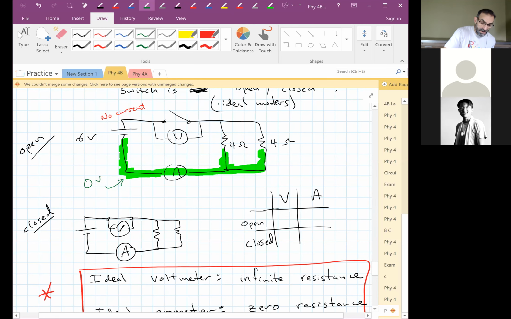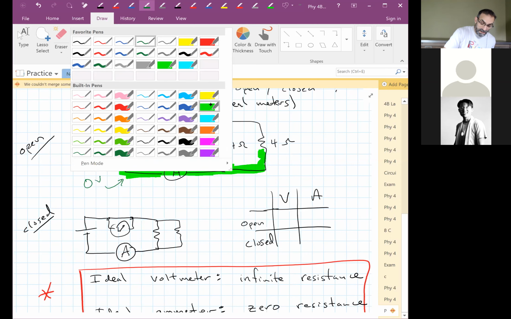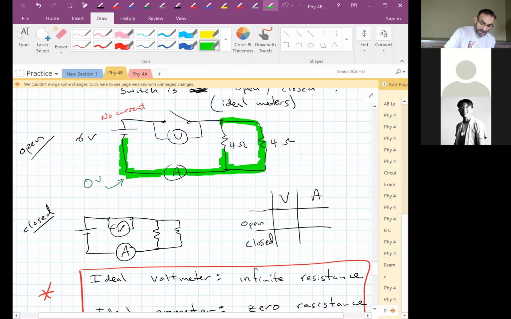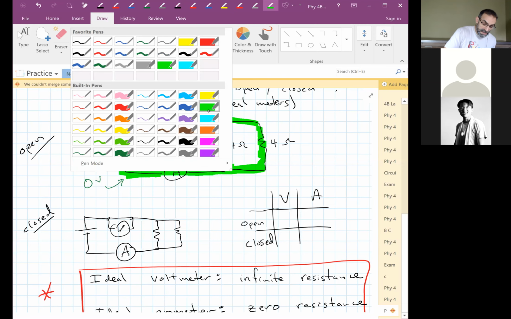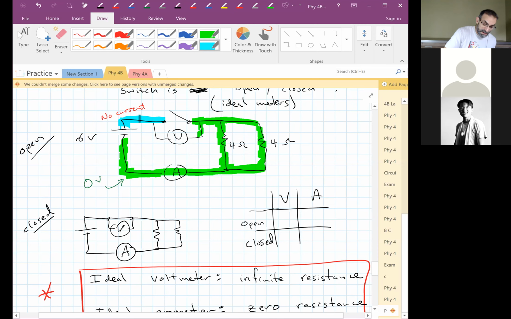V equals IR. If I is 0, what's the voltage drop? 0. So we're at the same potential at the top as we were at the bottom. All of this is 0 volts. Now, what happens when we go through the battery? We rise by 12 volts.